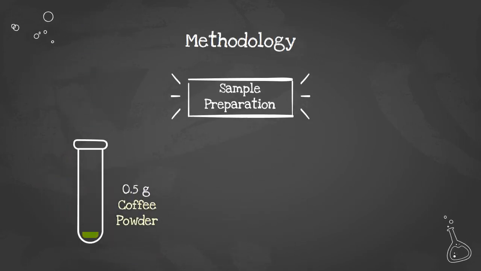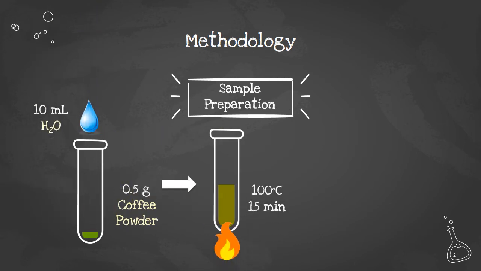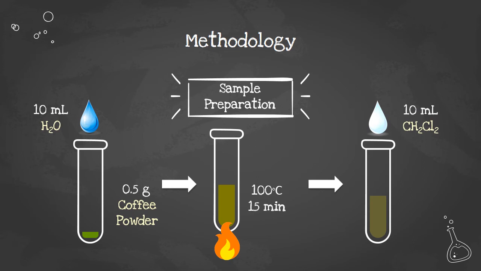Then, half a gram of the homogenized coffee grains were extracted with 10 milliliters of ultra-pure water by heating for 15 minutes at 100 degrees Celsius. The samples were then back extracted using 10 milliliters of dichloromethane. The dichloromethane extracts were then filtered, and 1 microliter was injected into the GC system.